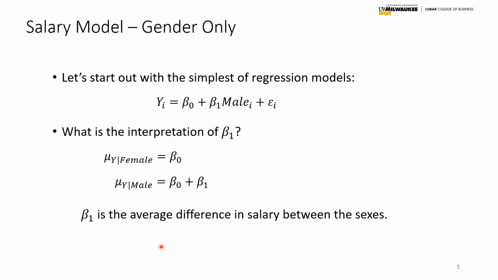When we substitute in 0 for male, we get the average salary for females to be beta 0 because this term just goes away. When we substitute in 1, we get beta 0 plus beta 1, which would be the average salary for males. So beta 0 reflects the baseline, the salaries on average for females, and beta 1 reflects the difference in salaries between male and females.